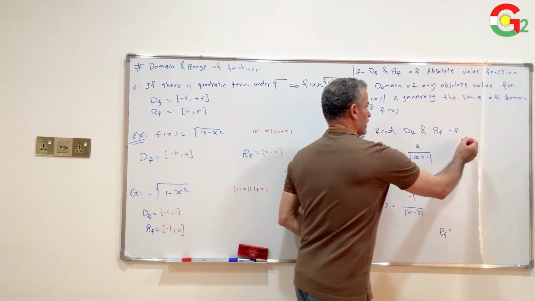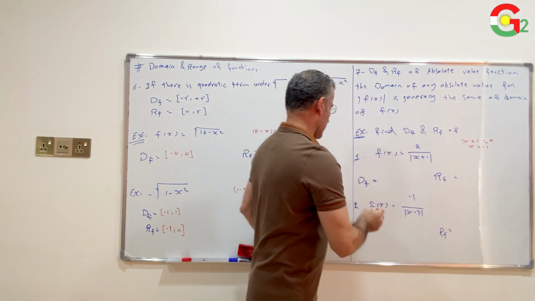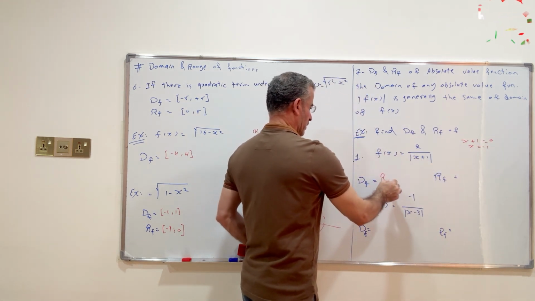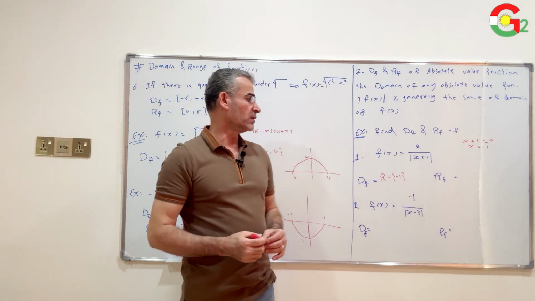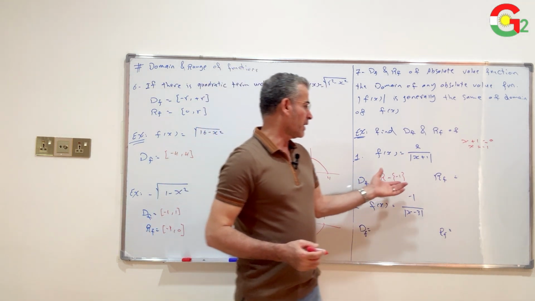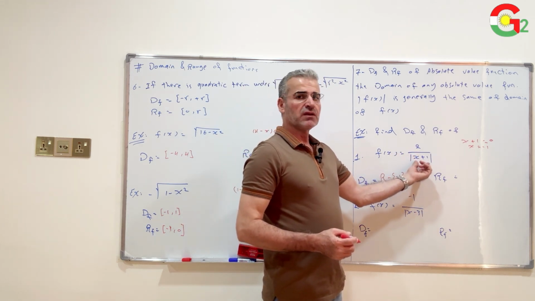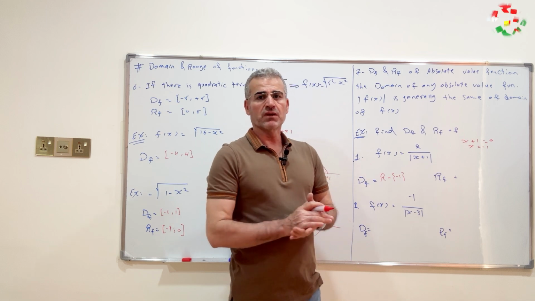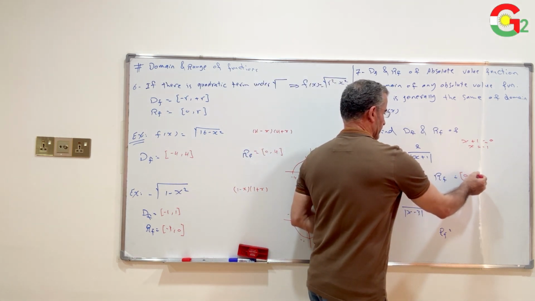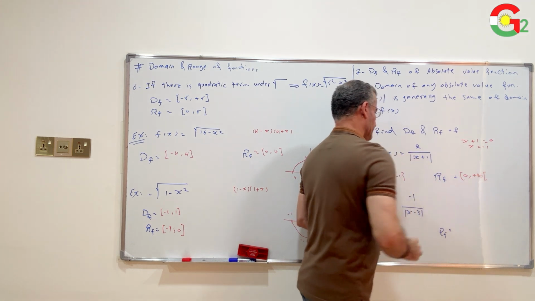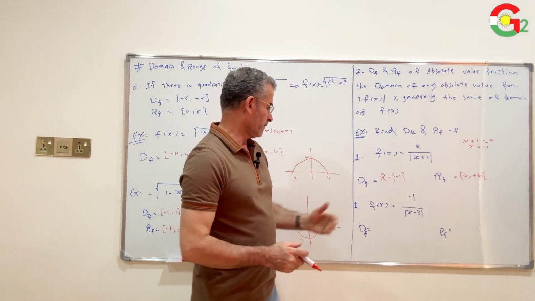Here, if I set x plus 1 equals 0, then x will be negative 1. Then the domain will be all real numbers except negative 1, since negative 1 makes the denominator 0. For the range, as we know, the absolute value range is from 0 to positive infinity. Since the constant in the numerator is positive.